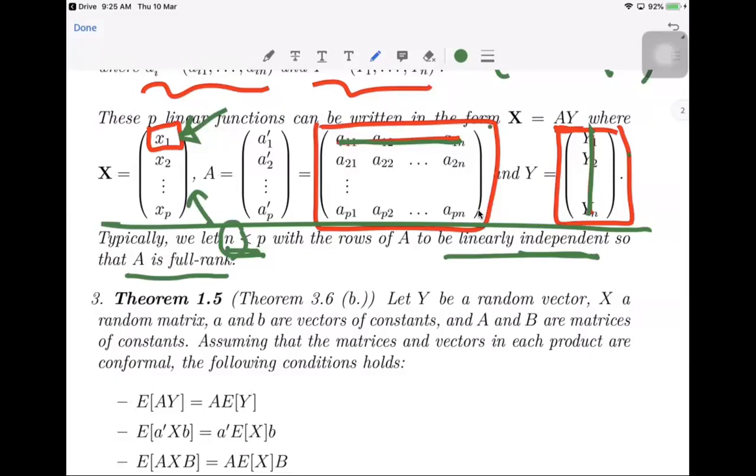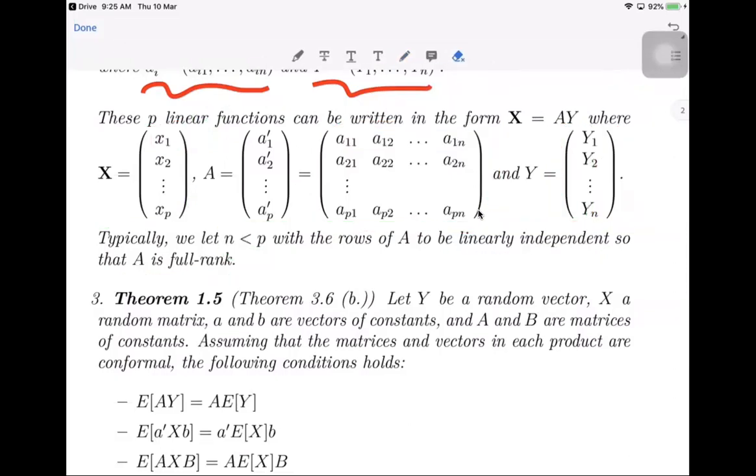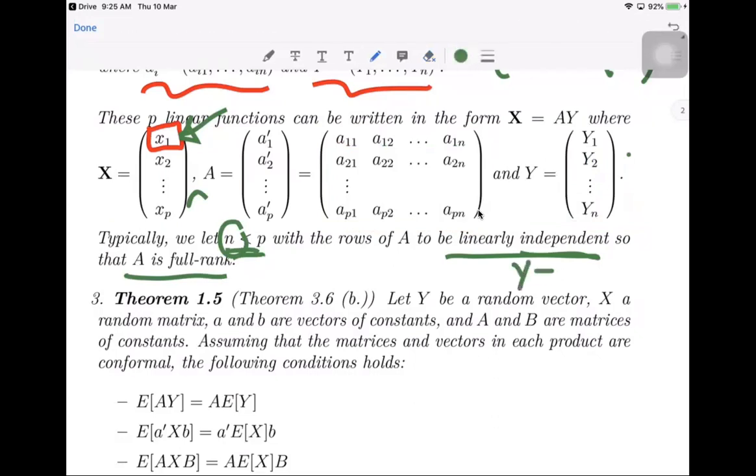For X to be full rank and X prime X to be invertible, so that X prime X inverse exists, no? So later in the application in regression analysis, you see that y is equal to x beta plus epsilon.